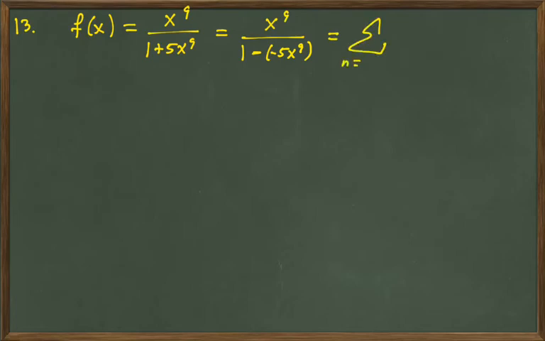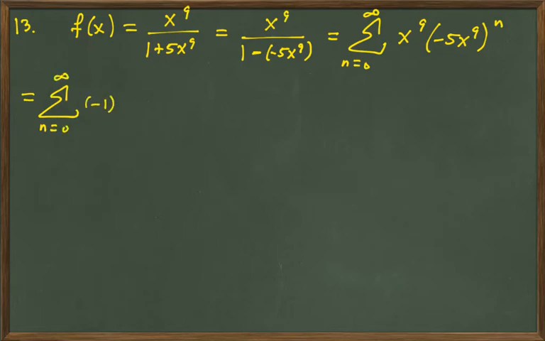So it's going to be the sum n equals 0. Your a is going to be x to the ninth. Common ratio r is going to be the negative 5x to the ninth, and then that's raised to the nth power. So we can rewrite this as the sum n equals 0 to infinity, negative 1 to the n, 5 to the n, x to the 9n plus 9.